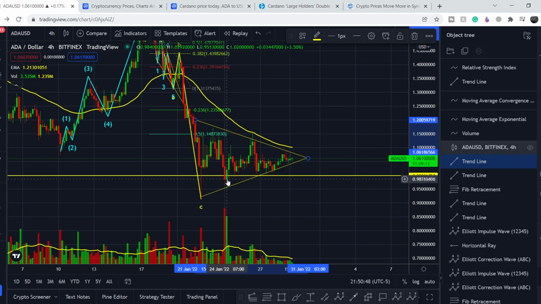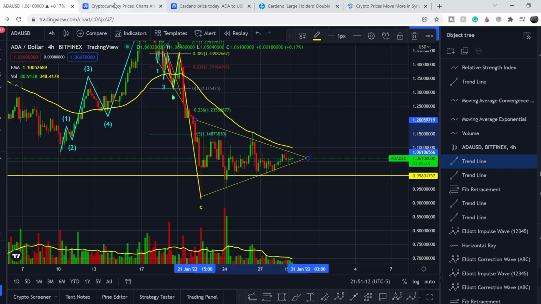This means it was a false breakout below the $1 mark, and definitely this range should hold. But I will continue my technical analysis in just several minutes, and I will show you the bearish sign that we have for now and that we have to be aware of.